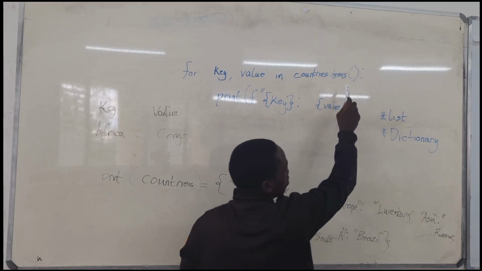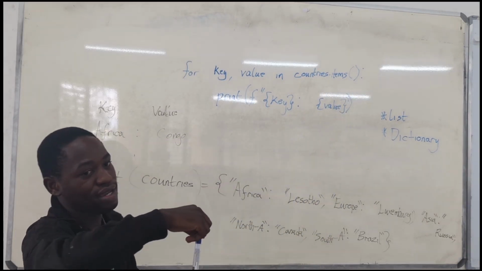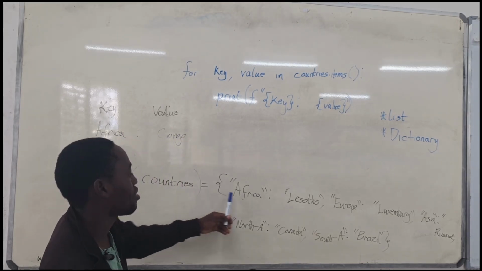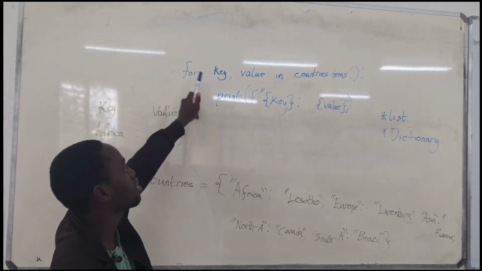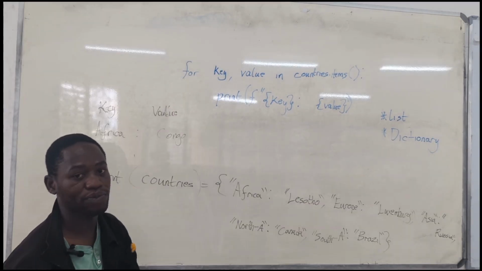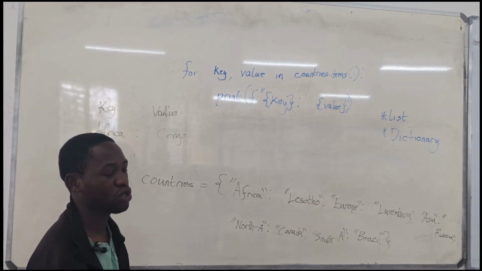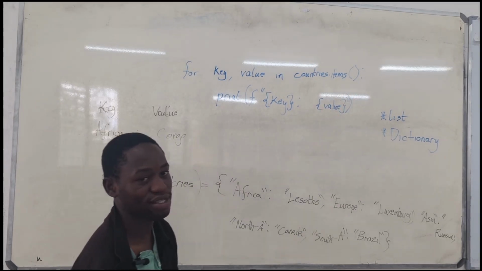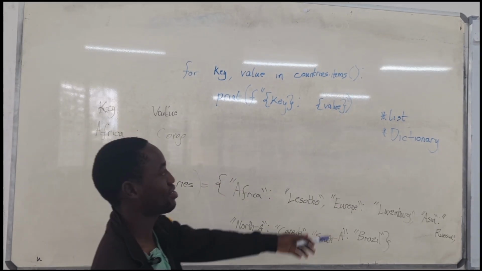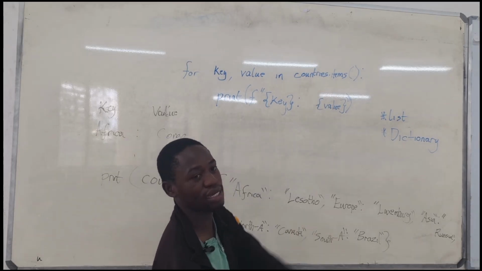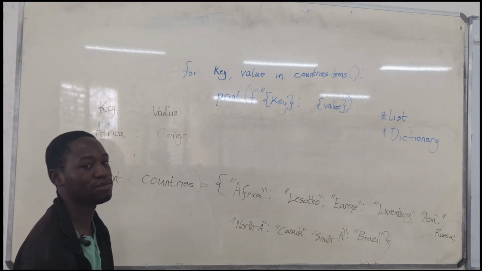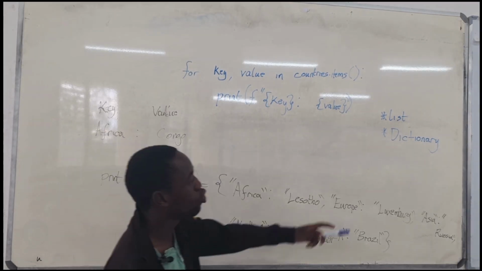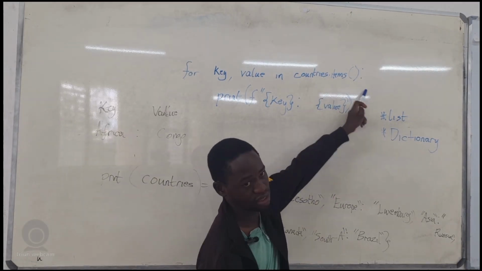This is an inbuilt method in Python that allows you to iterate through a dictionary and manipulate the values there using a loop. So in short, just add it at the end whenever you're looping through a dictionary. But whenever you're looping through a list, don't add this. It's not needed.